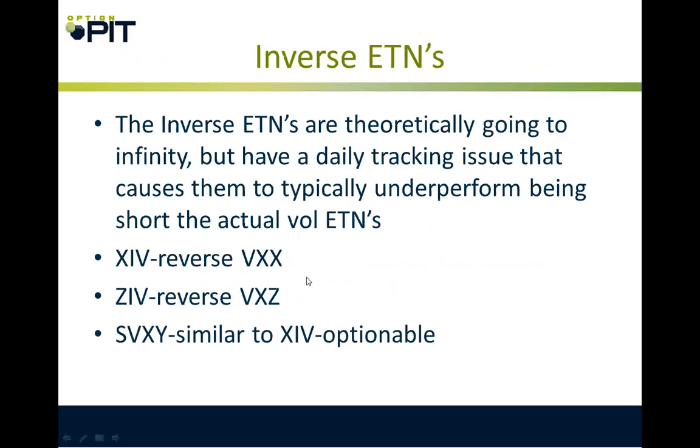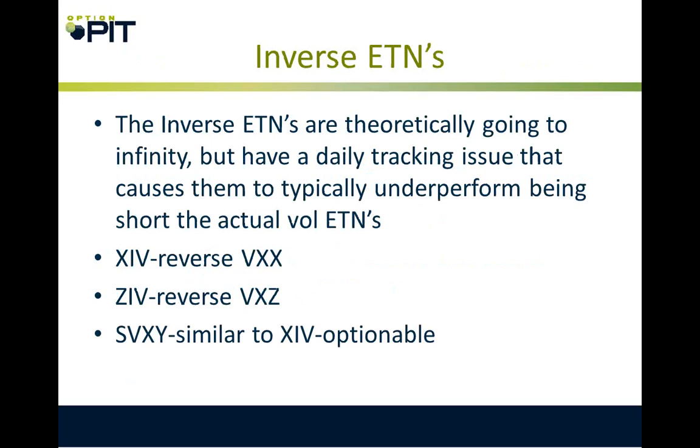Now, the inverse ETNs are interesting. So you've got the XIV, which is the reverse VXX, which is great. Now, ZIV actually does fine and is much more stable. So if you're a person that can't really handle the fact that XIV can lose $15 over a couple of days, take a look at ZIV.